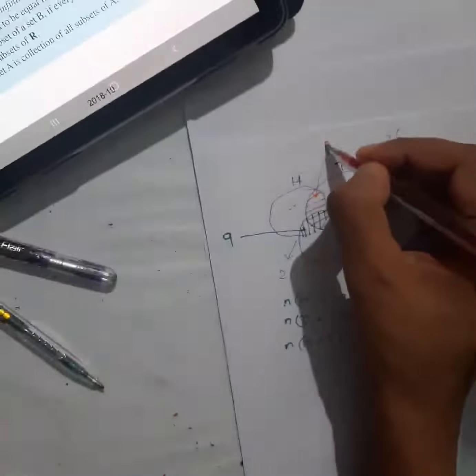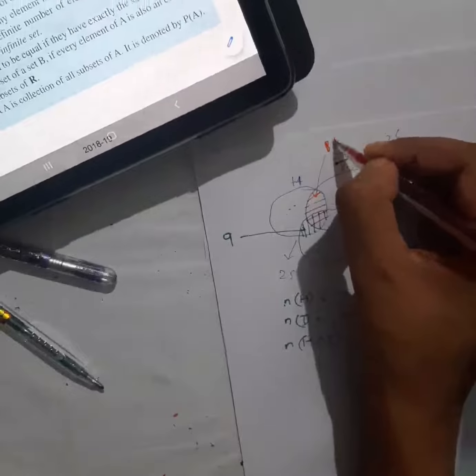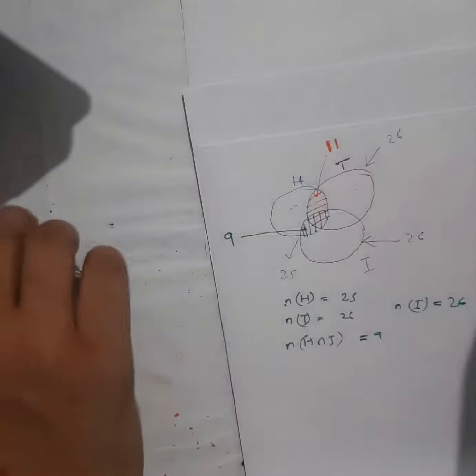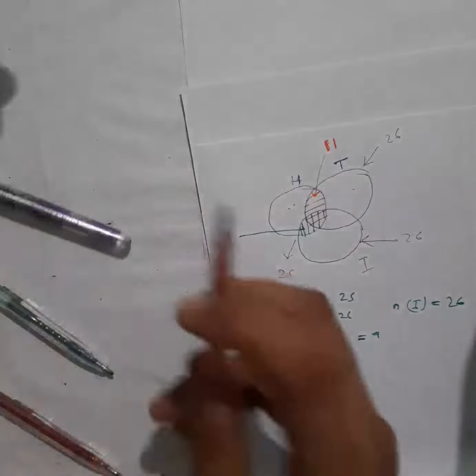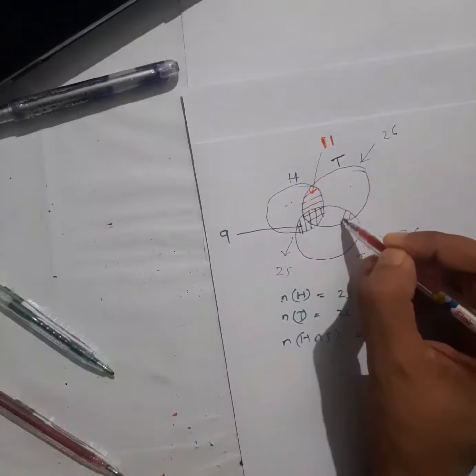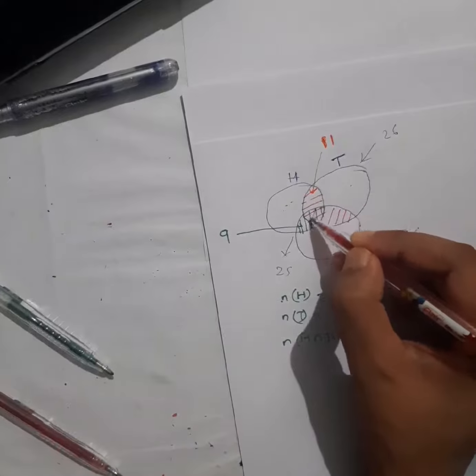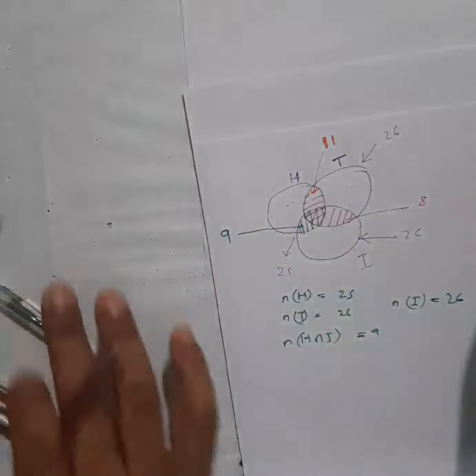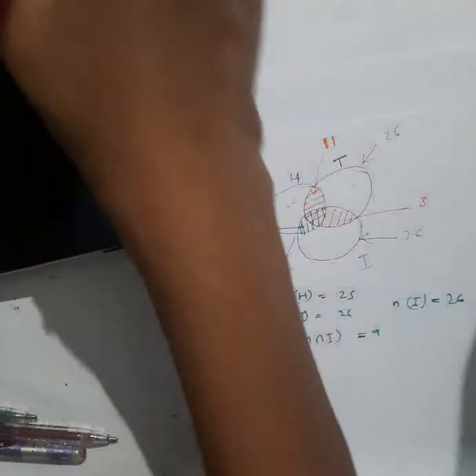Sorry, 11. 11 read both H and T. Okay, next. 8 read both T and I. T and I common region is this one. 8 read both T and I. Okay.